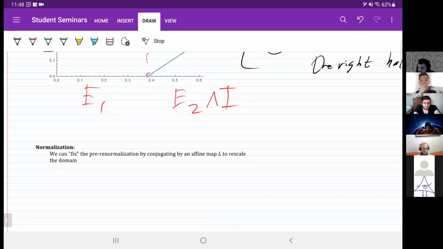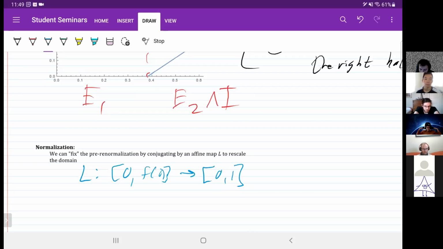So basically, we want to pick an L. L sends the interval [0, f(0)] to [0, 1], and I want it to switch orientation so that it puts the smaller one on the left again, and I want it to send the endpoints to the endpoints.